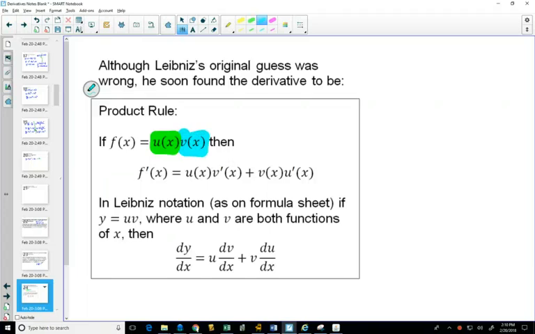And what it means is if you are trying to find the derivative of this, you keep the green one, the first one, the same, and multiply by the derivative of the second one. And then you keep the second one the same and multiply by the derivative of the first one and add them together.